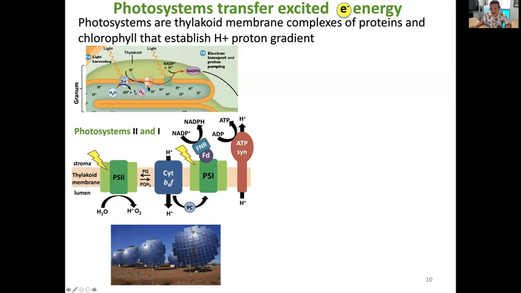You can think about it as this down here. This is an array of photovoltaic solar cells that are harnessing the sun's energy and turning it into electricity in this case. Notice how they are arranged in these dishes, and you have many cells that can help to focus the energy onto one point.